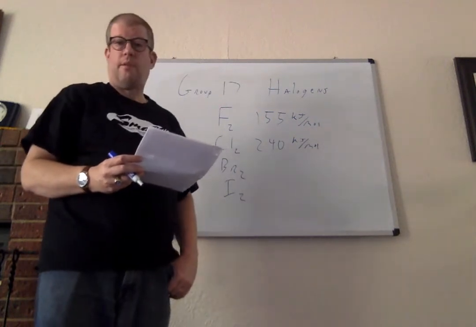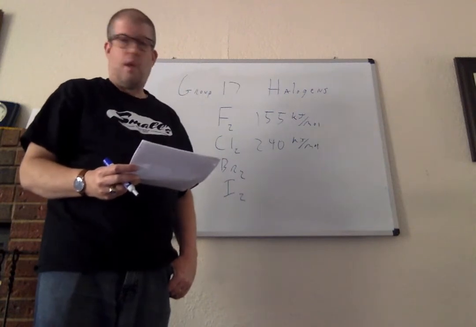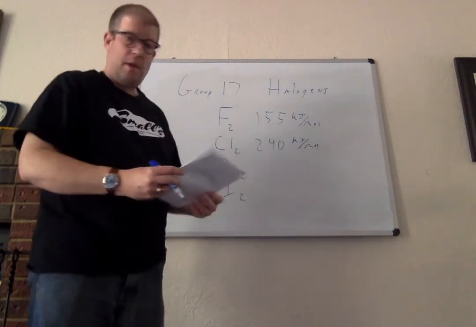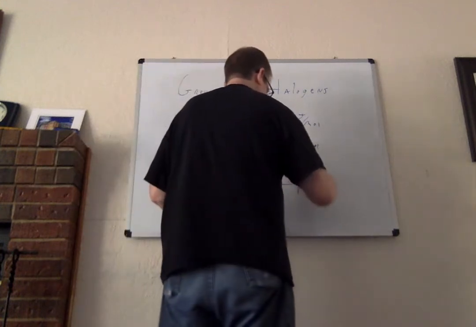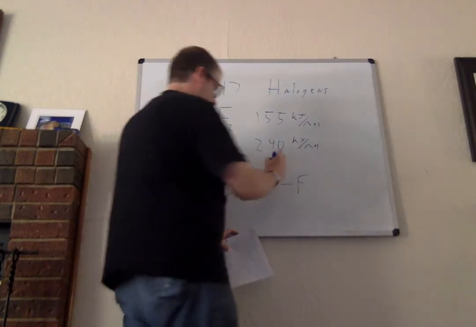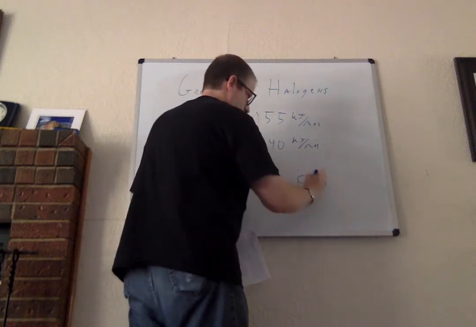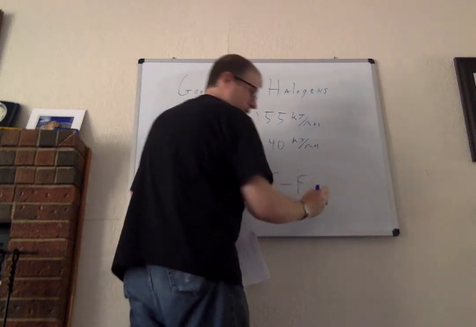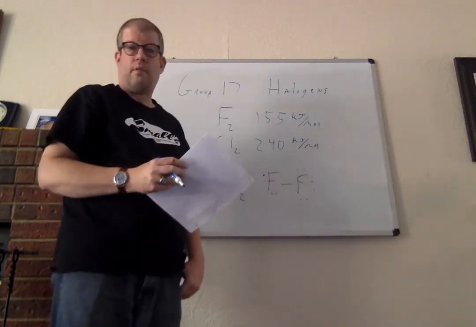Now the reason for that is fluorine, the atom itself, is very small. And so what leads to this bond being weaker is the fact that we have the bond here, but of course we also have lone pairs of electrons all around the fluorine.